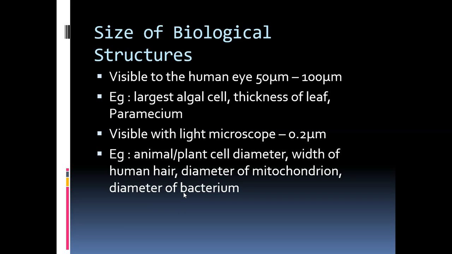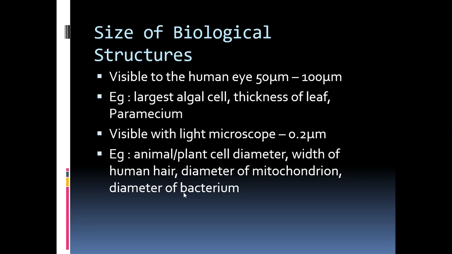Okay, next we will discuss the size of biological structures. So when you talk about cells, how small can the cell get? If you talk about a bacterial cell, the smallest size that a bacterium can have is somewhere around 400 nanometers, right?